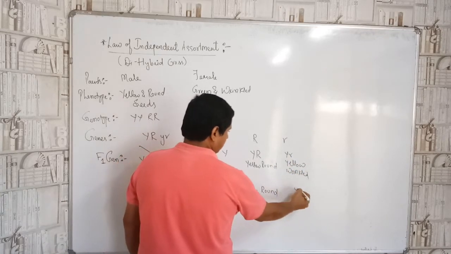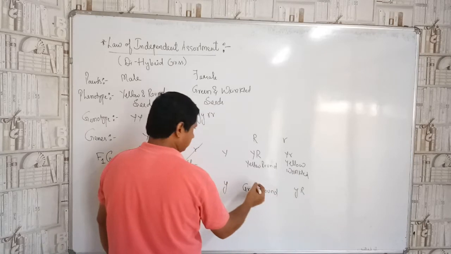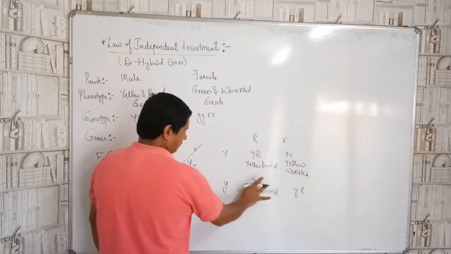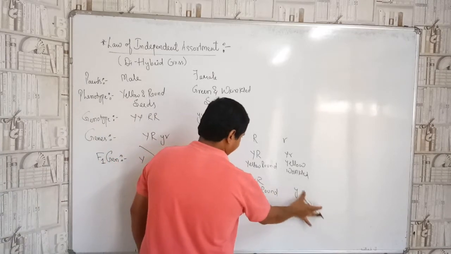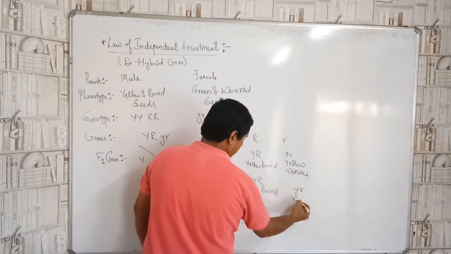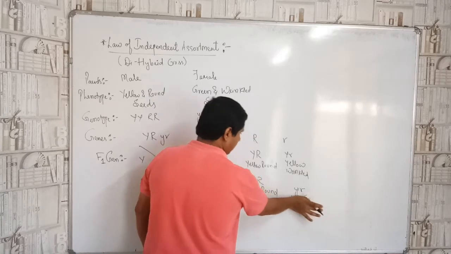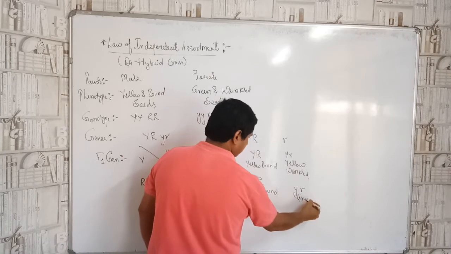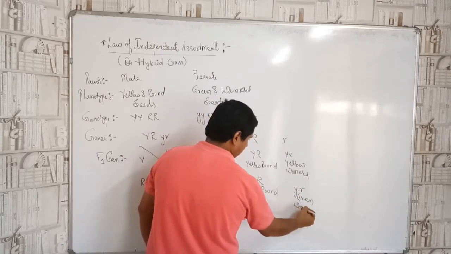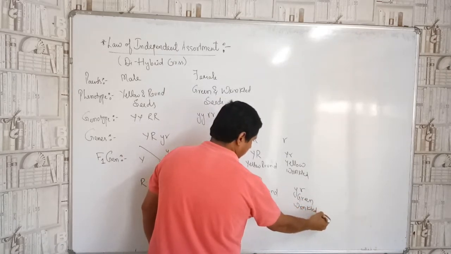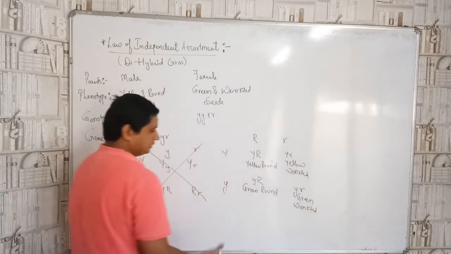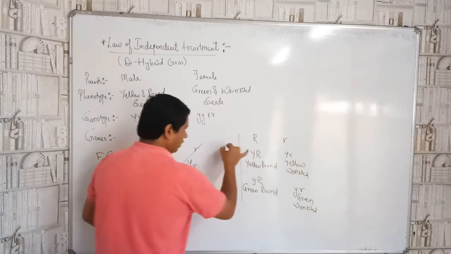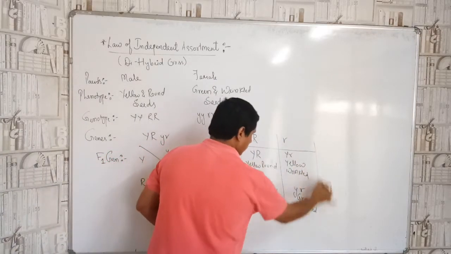And this is the... okay... yellow, sorry, that is the green wrinkle. Okay, that is right. Now over here, so this is what the F1 generation will look like, children.